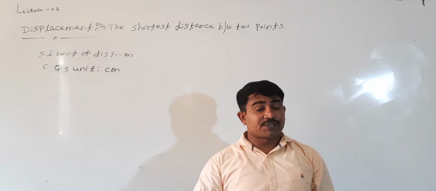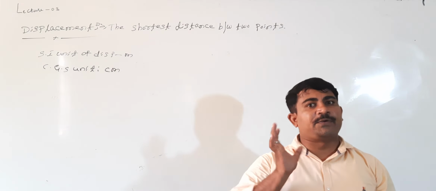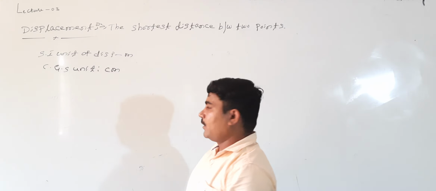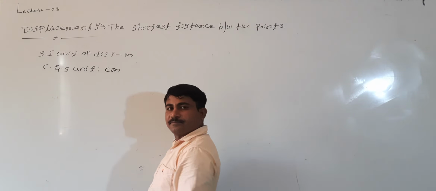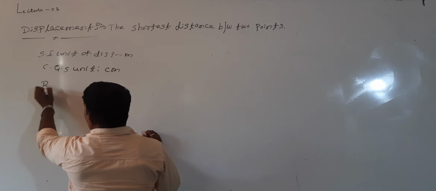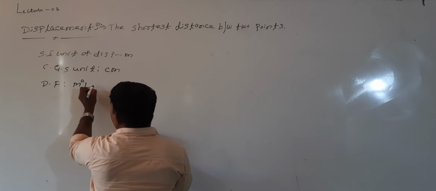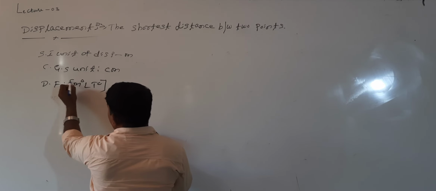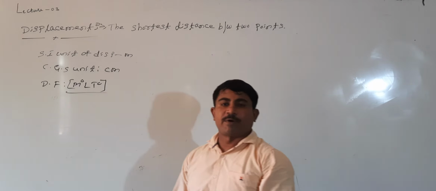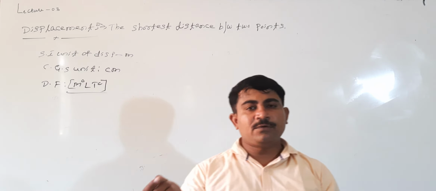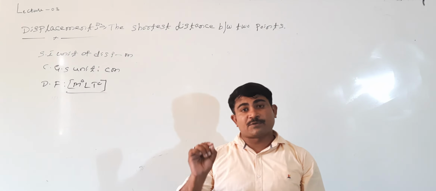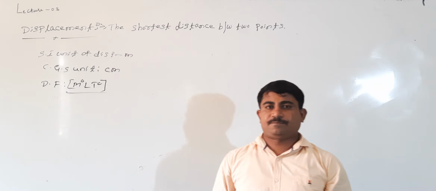Both distance and displacement have the same unit along with the same dimensional formula. Both are measured in meter. The dimensional formula is M to the power 0, L to the power 1, T to the power 0. And distance may be positive, but displacement may be positive, negative, or 0.